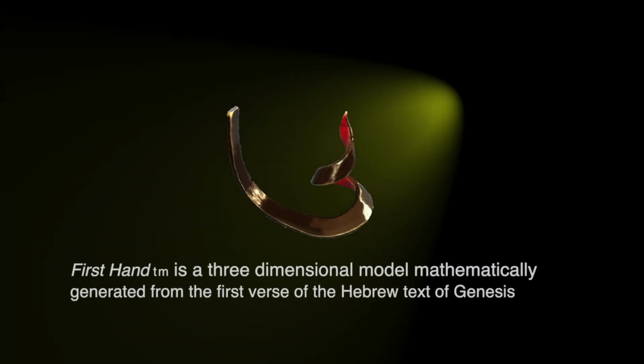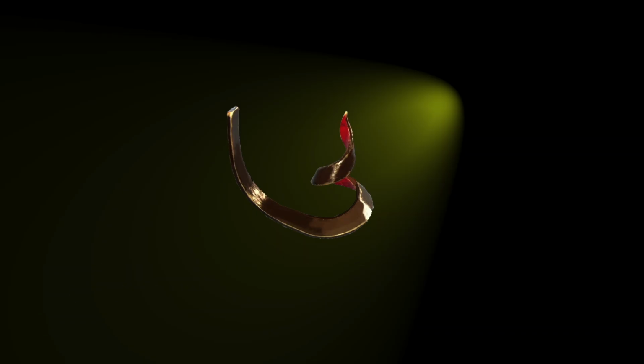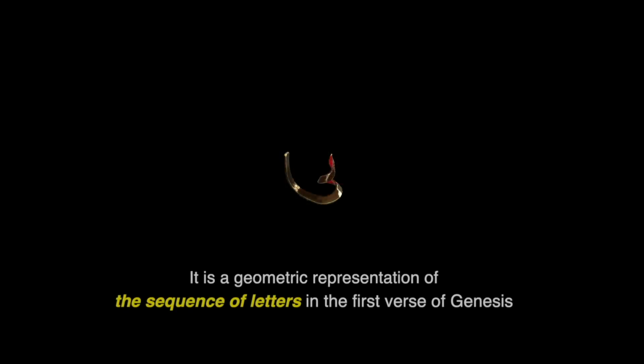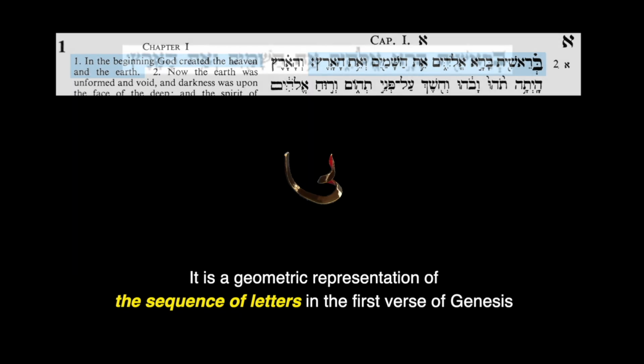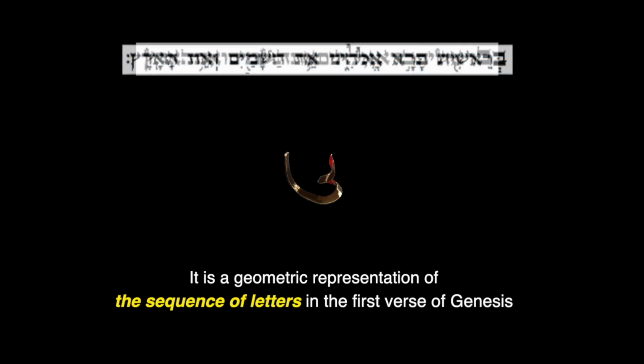First hand is a three-dimensional model mathematically generated from the first verse of the Hebrew text of Genesis. It is a geometric representation of the sequence of letters in the first verse of Genesis.